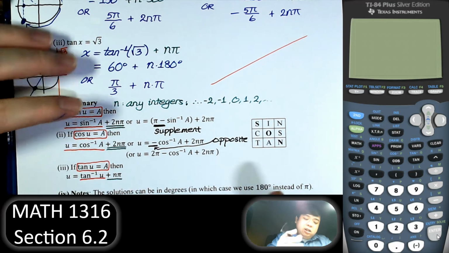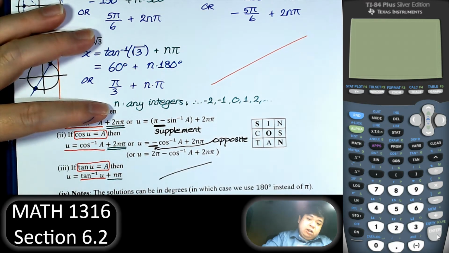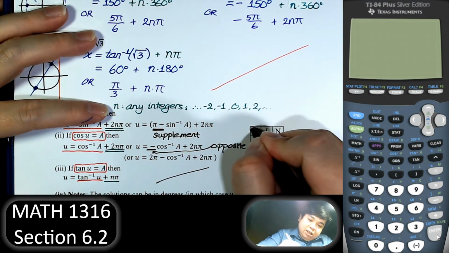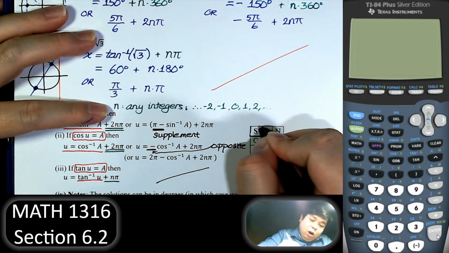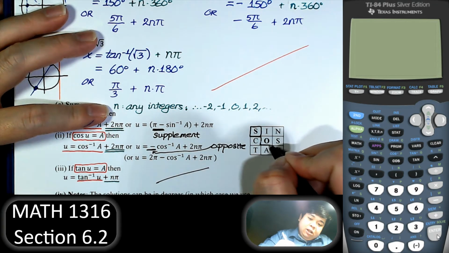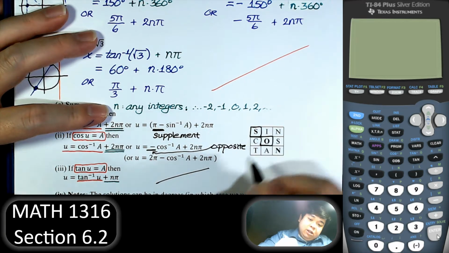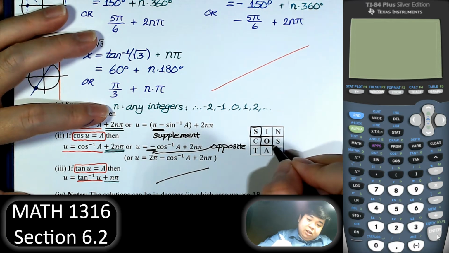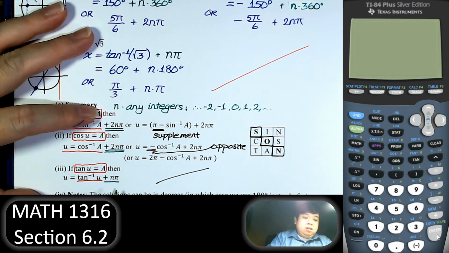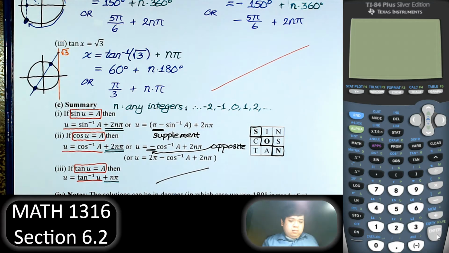So I write like this. For sine, there is a supplement along with the inverse. For cosine, there is the opposite along with the inverse. And for tangent, there's nothing. However, for tangent, the period is just pi.